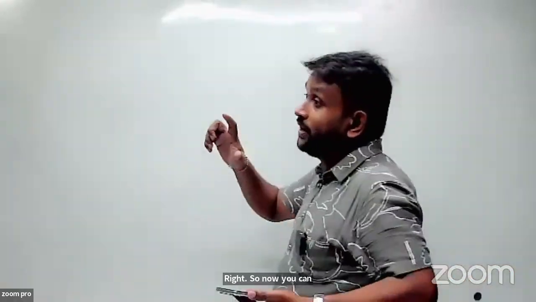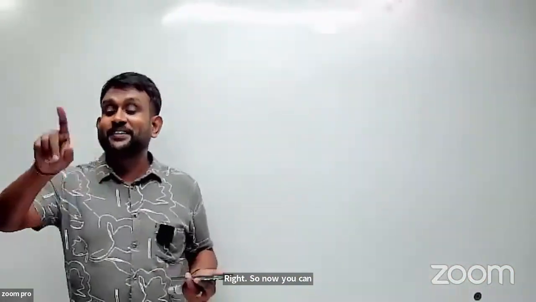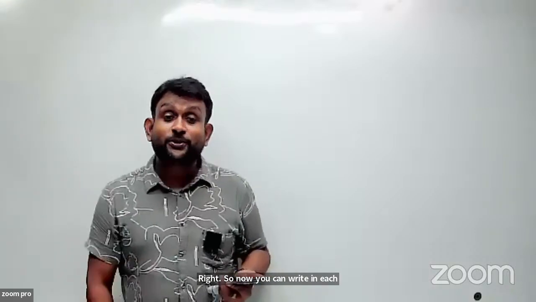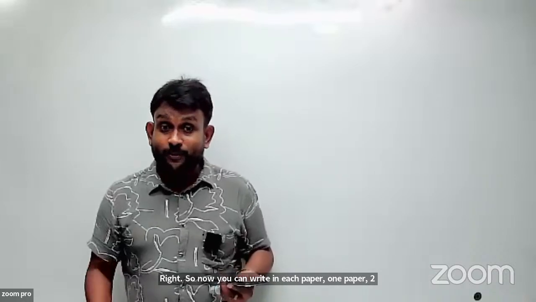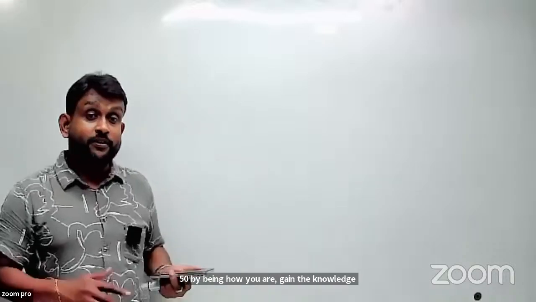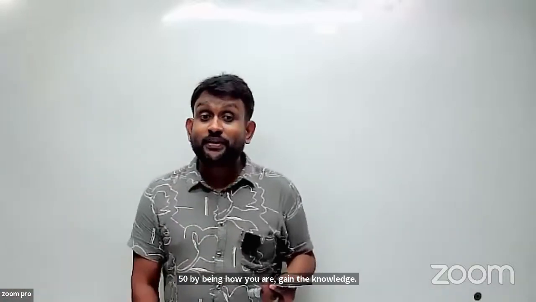Right. So now in each paper, paper 1, now paper 2, in the book you can write what mark you got on the very first paper. Then you can see your progress day by day, week by week, how you are gaining knowledge. If you learn the content, then the next day don't make the same mistakes.